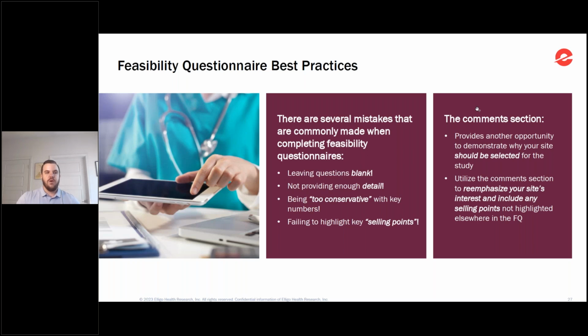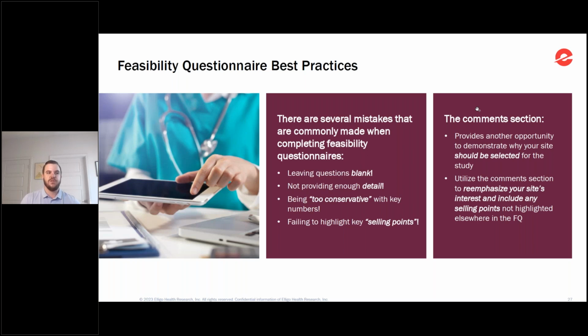So, feasibility questionnaire, I know it's a small portion of when we're thinking about the whole end-to-end, from, hey, I'm applying for a study through, we've finished enrollment and all study activities, but it is a key one in making sure that you're giving your site the best chance to be selected for those high interest indications.